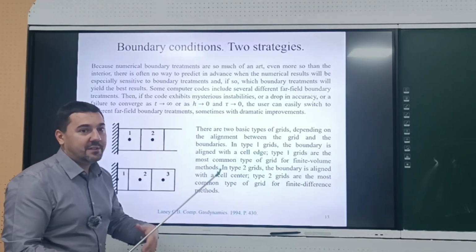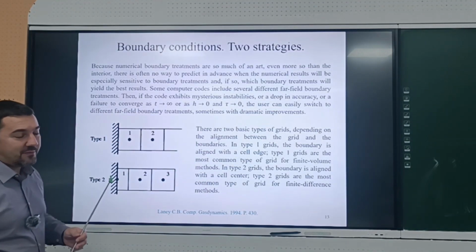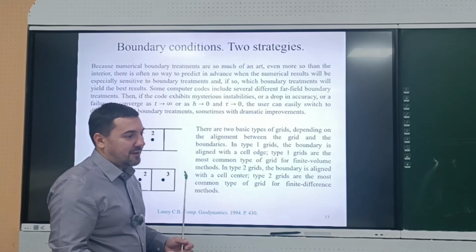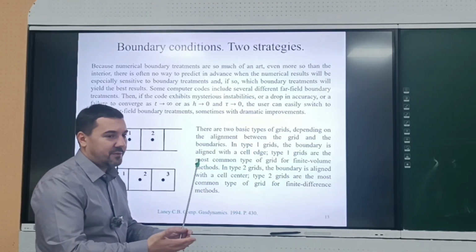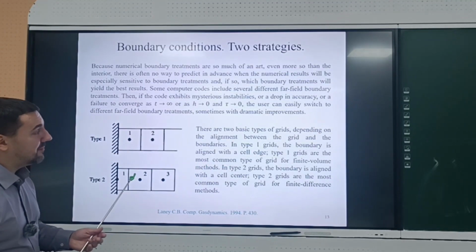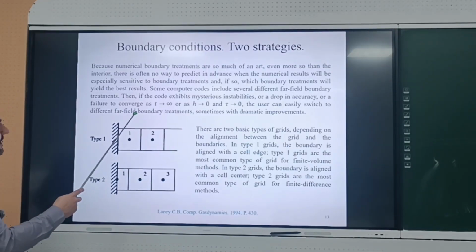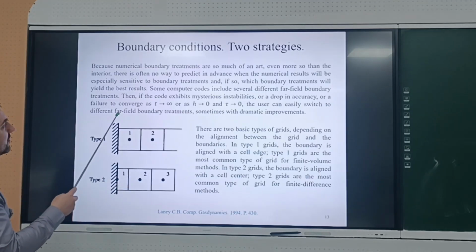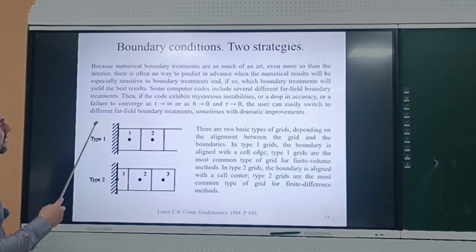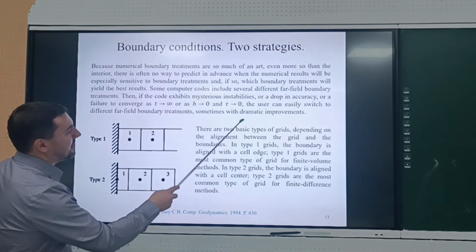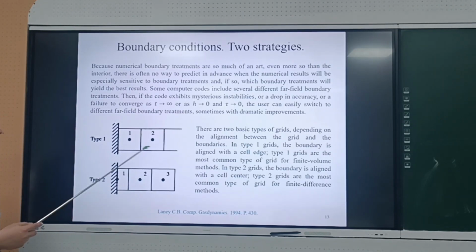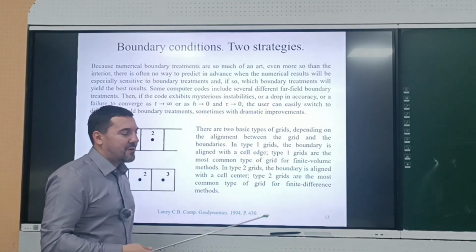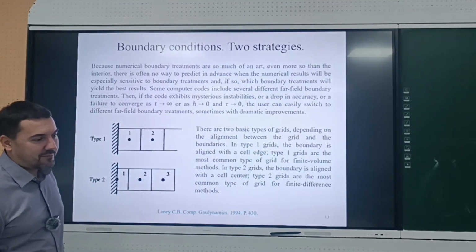But it's possible to do it in a different manner, and in your code, you have different implementations of the same physical boundary condition. If you're just a user, maybe you have no idea of the difference between these different implementations of the boundary condition. Then if the code exhibits mysterious instability or a drop of accuracy or failure to converge, the user can easily switch to different far-field boundary treatments, sometimes with dramatic improvements, right? And that's a typical process of the numerical study of a problem using black box software.